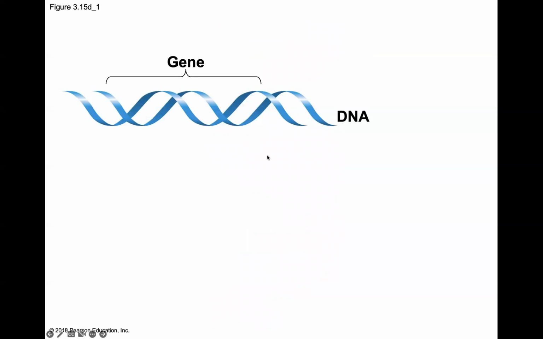And as I mentioned before, DNA is the blueprint. It contains information or instructions, and it is arranged into, we'll say, informational units that we call genes. These genes will ultimately encode proteins, which therefore determine the function of our cells.